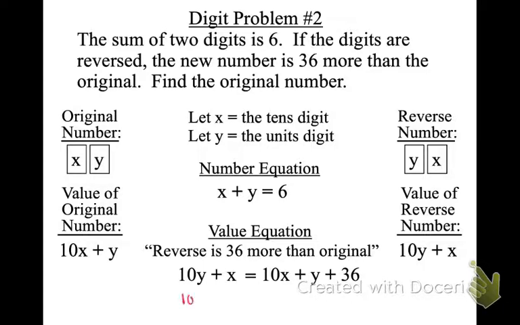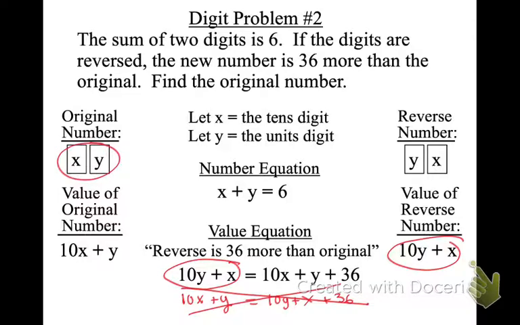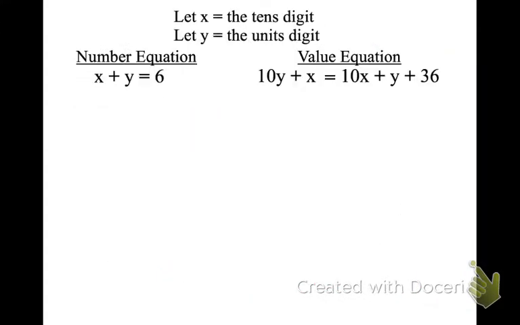You're probably writing 10x plus y equals the reverse, 10y plus x plus 36. And it's actually wrong, because the reverse value is this. If we named our original tens number x, then the reverse value is this. And so you have to place that first. So that's a digit and coin problem.